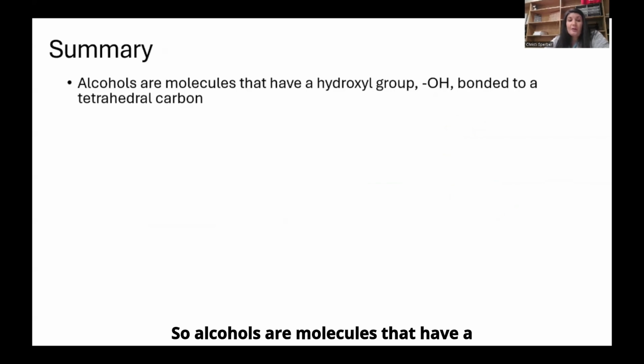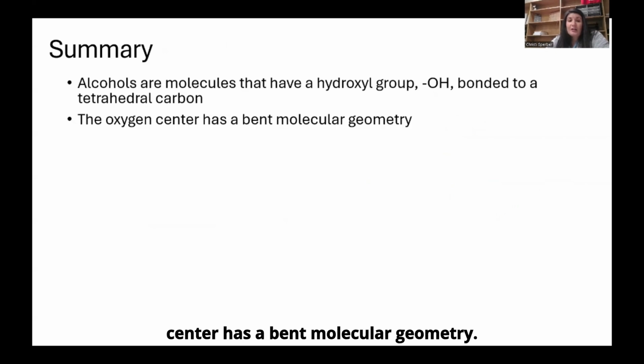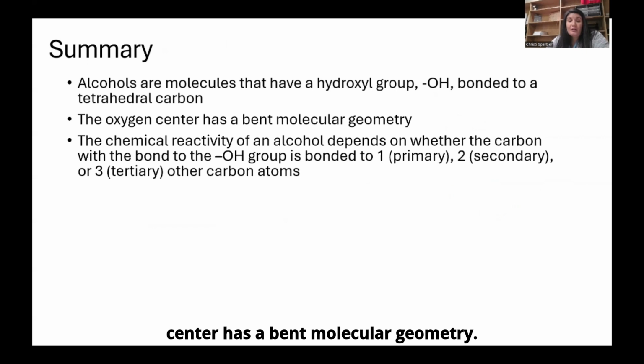So alcohols are molecules that have a hydroxyl group, or an OH, bonded to a tetrahedral carbon. The oxygen center has a bent molecular geometry. The chemical reactivity of an alcohol depends on whether the carbon bonded to the hydroxyl group is bonded to 1, 2, or 3 other carbon atoms.